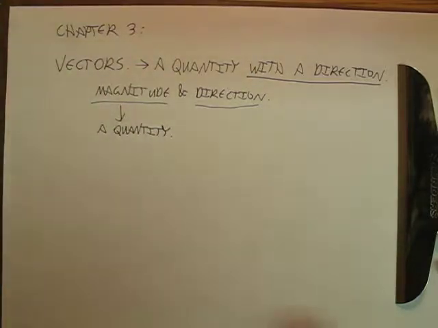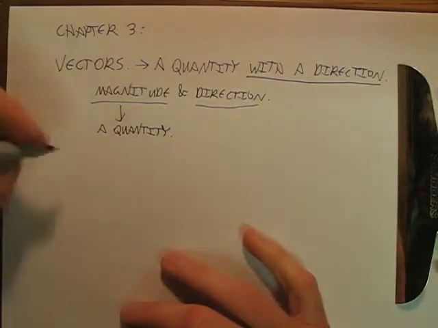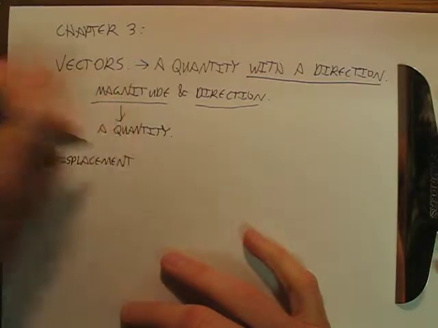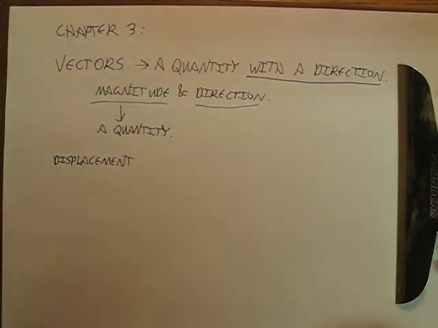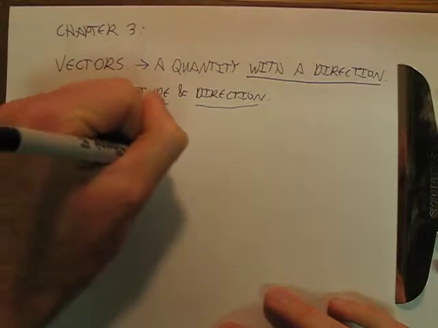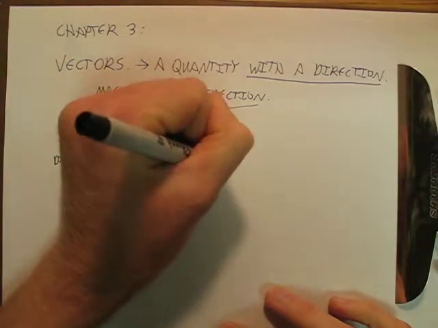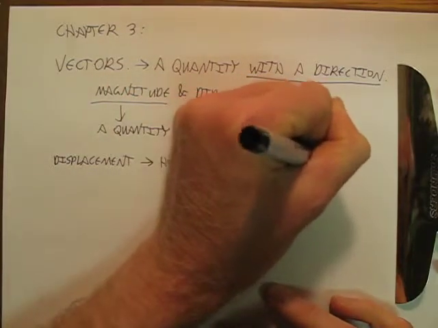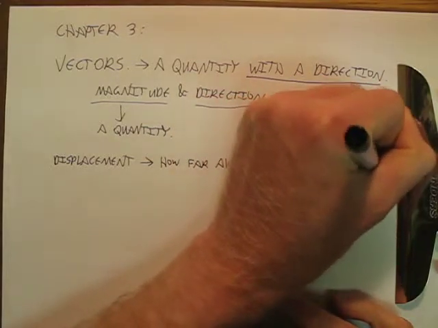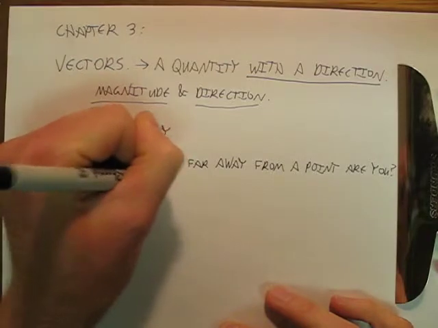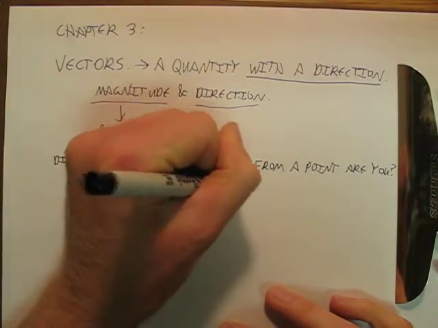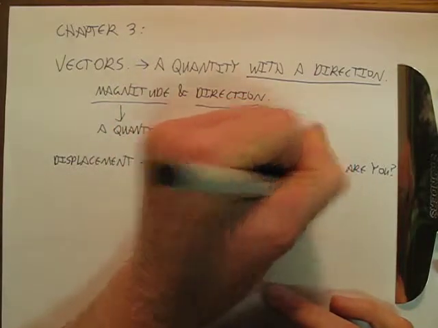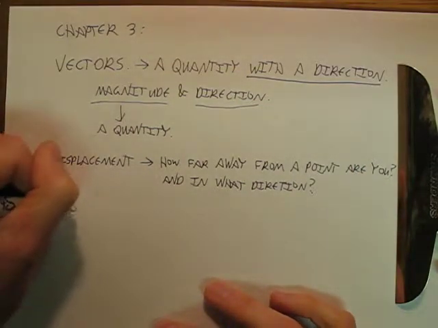Okay, so when we're talking about something like displacement, with displacement, we're going to say something along the lines of how far away from a point are you, and in what direction. And then we're also going to say velocity.